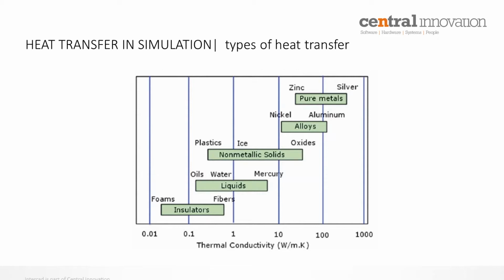The thermal conductivity constants vary quite a lot, as you can see, for insulators right down at 0.1 or less, all the way up to pure metals at 100 plus, which is a factor of 1,000 difference between an insulator and a pure metal. So the choice of material for your model is very important to make sure you're modeling what it is you're looking at.